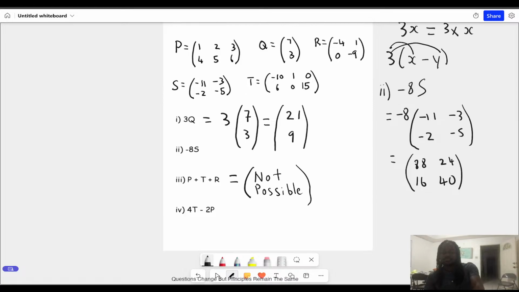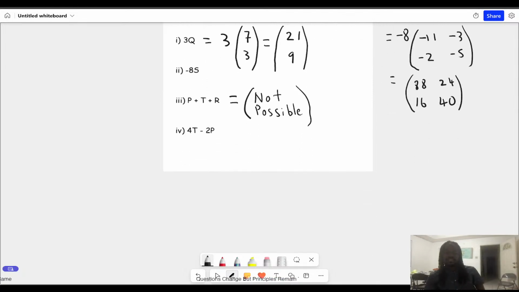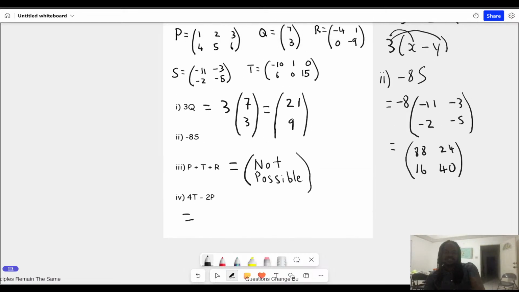All right, let's continue. It says 4T minus 2P. Are the orders the same? T and P, are the orders the same?